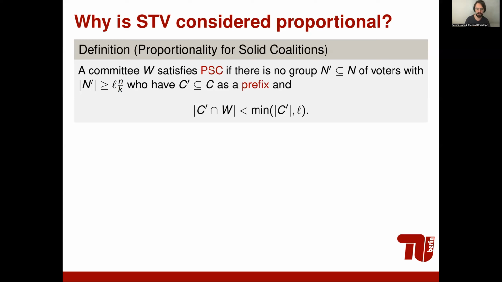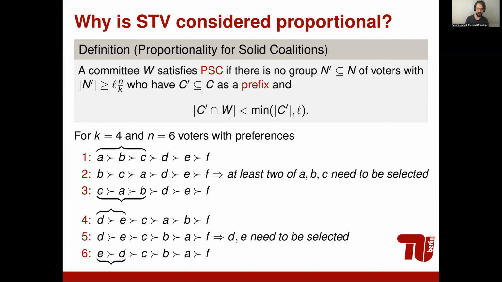So a group of voters who are, in some sense, forming a solid coalition, you can think of it as like having people from the same party ranked up top or something similar. They should get something they deserve. And STV satisfies this. Let's do a very tiny example.